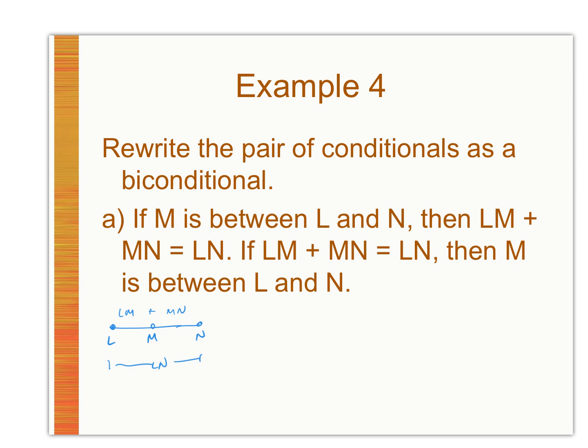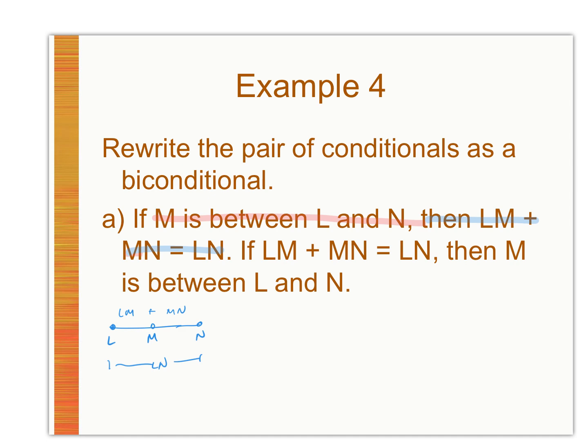This is where they told me the segment addition postulate, and they made the hypothesis: if M is between L and N, then the sum equals LN. That's the original conditional, and then they did the converse of it.